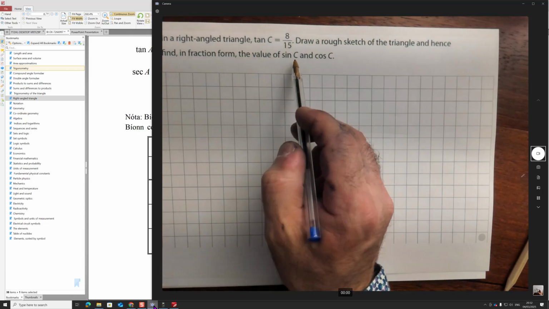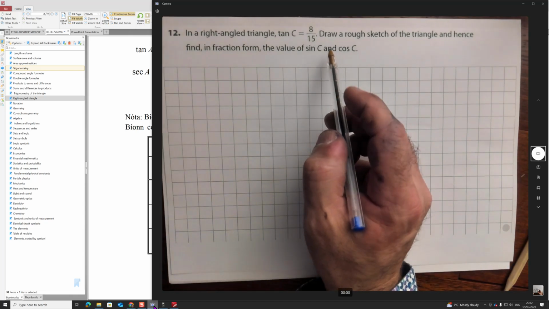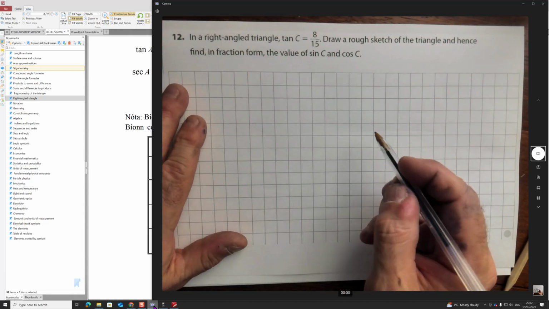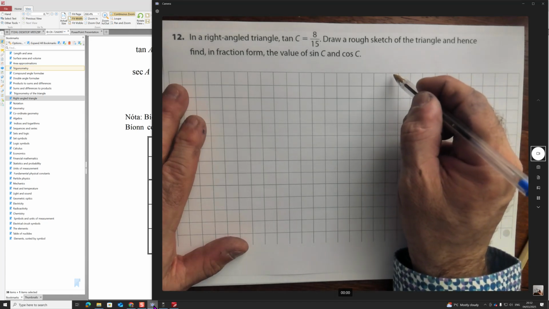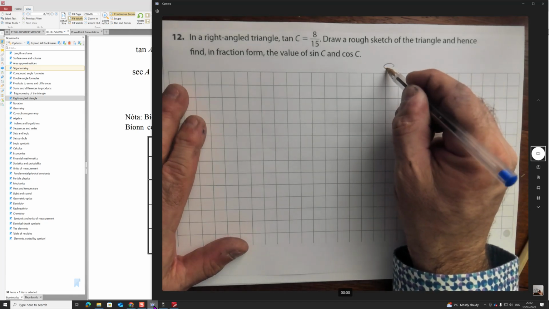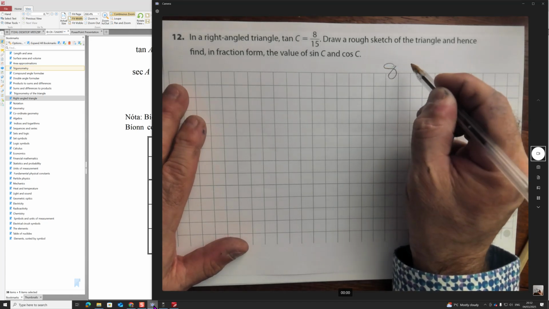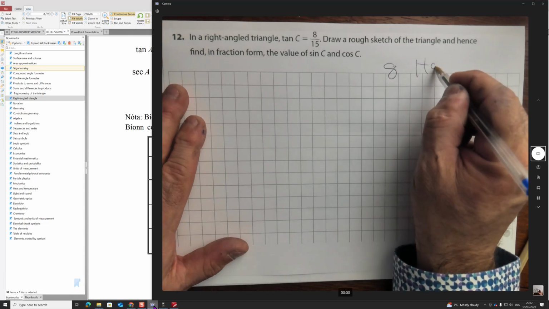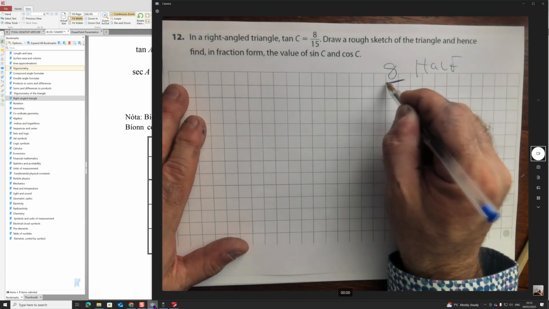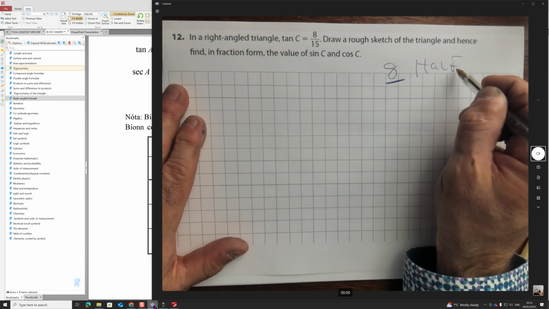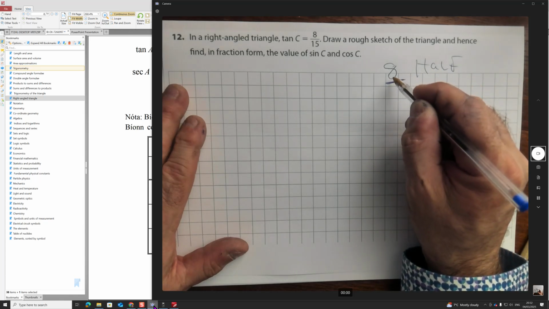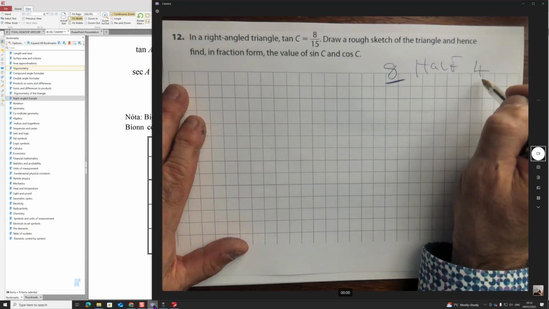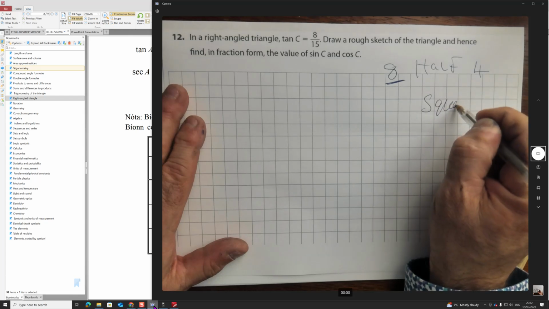In a right angle triangle, tan of C is 8 over 15. There's your 8 over 15. There's your 8, 15, 17 again. Remember, just a quick one, a leg is 8. Half of 8 is 4, it's a multiple of 4, okay? Half the multiple of 4 is 4.